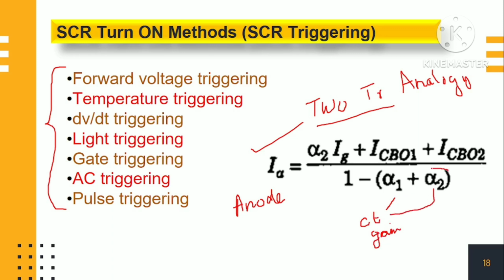Somehow we must make alpha 1 plus alpha 2 equal to 1. Then the denominator becomes 1 minus 1, which is 0. When the denominator is 0, an infinite amount of current flows. So the ultimate aim is to make the current gains high, close to unity, so that we have a very high anode current.